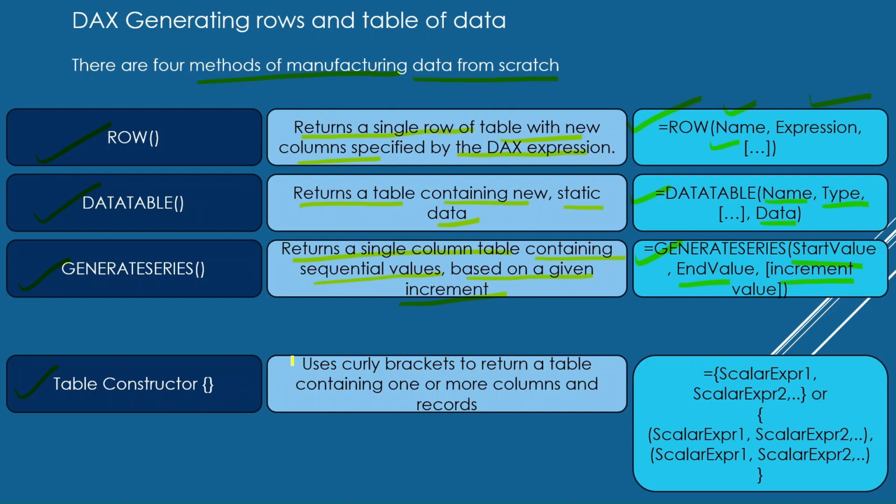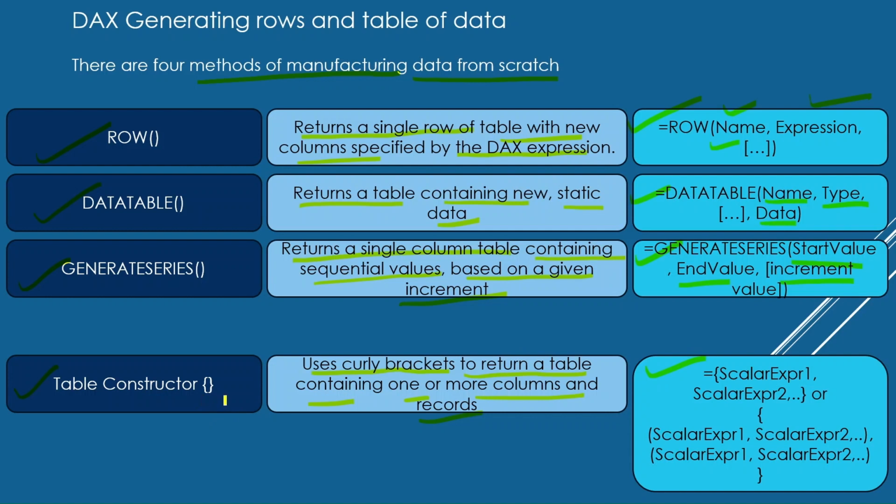Let's discuss the table constructor. It uses curly brackets to return a table containing one or more columns and records. So with the help of the table constructor, we can create a single column table or a multi-column table. Example is, we can use these curly braces.